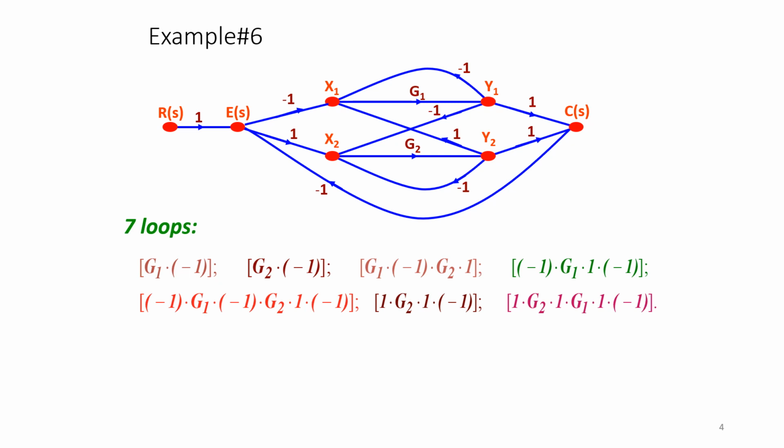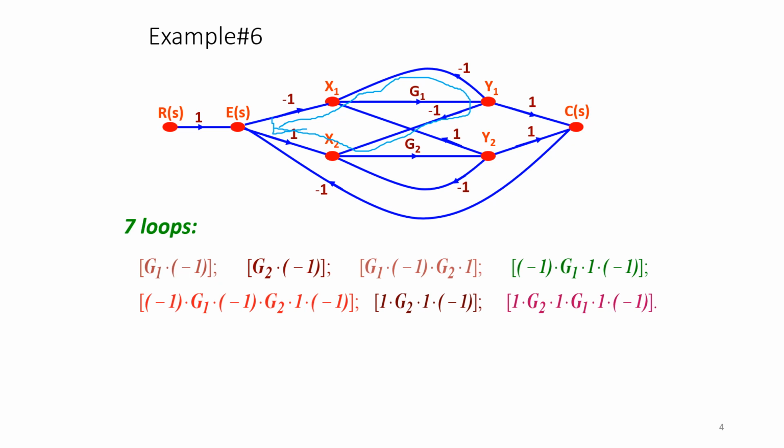Now similarly you have G1, minus 1, 1 into 1, that is, if I start from here, I'll write it here in green color. You will start like this, go like this, come like this, and reach here. This becomes one loop. Similarly you have another loop in the same way. You will start like this, in the reverse direction go like this, come like this, and this becomes another loop. Like this, totally 7 loops I am able to evaluate for this signal flow graph.